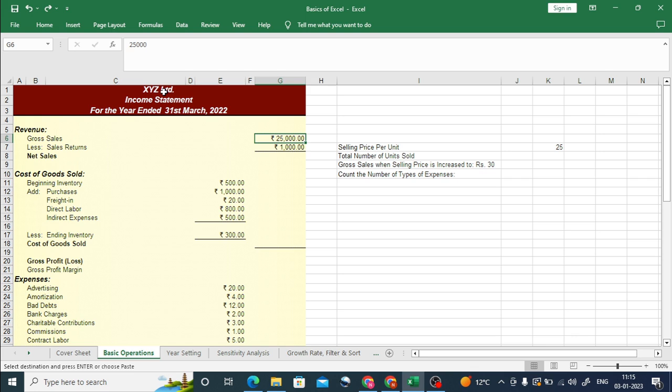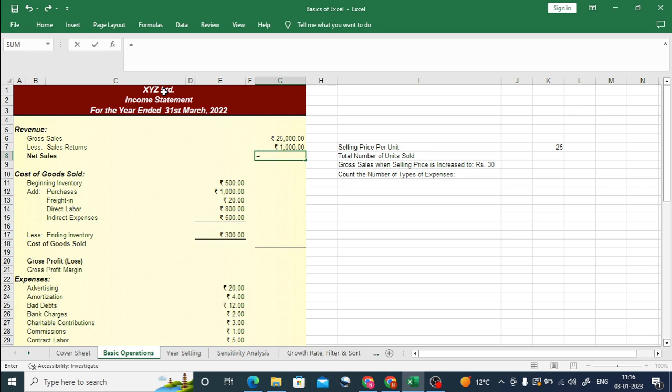And then there is some sales return. Sales return is 1,000 rupees. So if you have to calculate the net sales, it will be gross sales minus sales return. So how are you going to calculate it? You first of all type is equal to. The equal sign is typed every time you enter a formula in any of the cells of Microsoft Excel. So this is very important: put an equal to sign before you put in any formula.